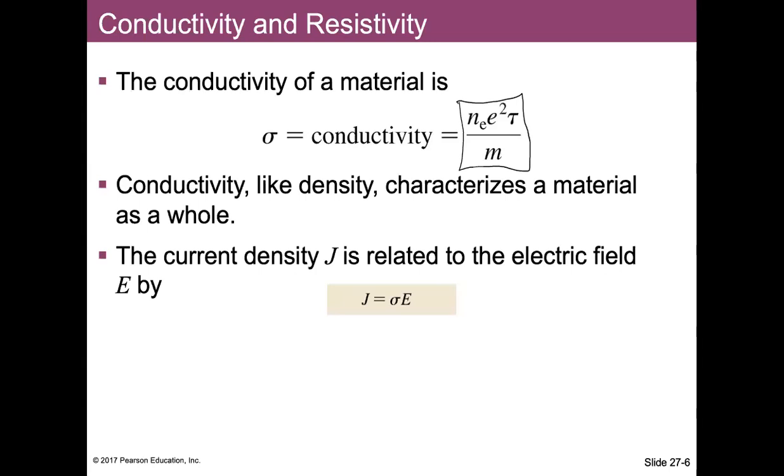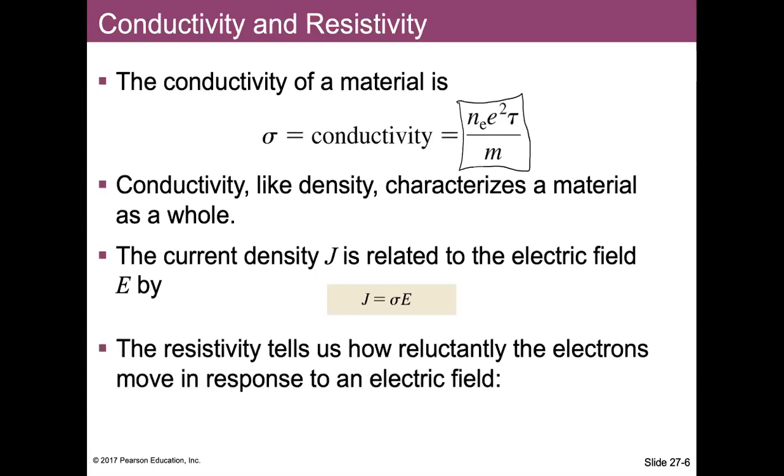And that's the conductivity. Now we can also talk about another property of a material by looking at the inverse of the conductivity. So we might want to know how conductive it is, but we might also want to know its resistivity. That tells us how reluctantly the electrons move in response to an electric field.